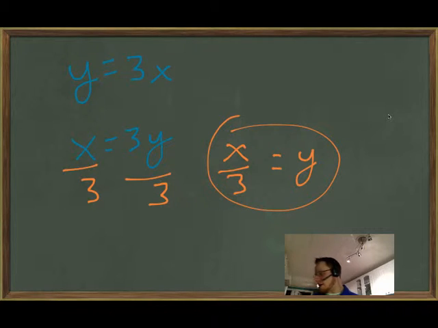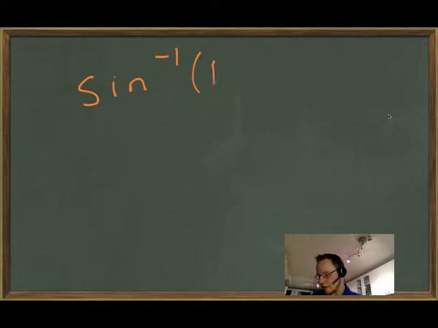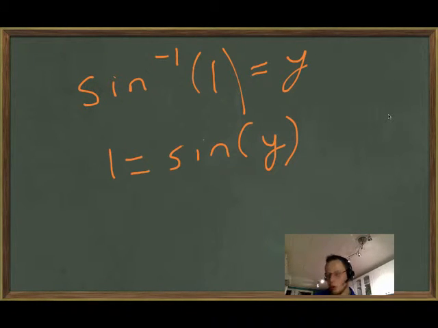To find the exact value for a sine function, we know that we're using sine inverse, or sine to the negative 1. Let's say we want to find the exact value of the inverse sine of 1. To do this, we just flip the x and the y.